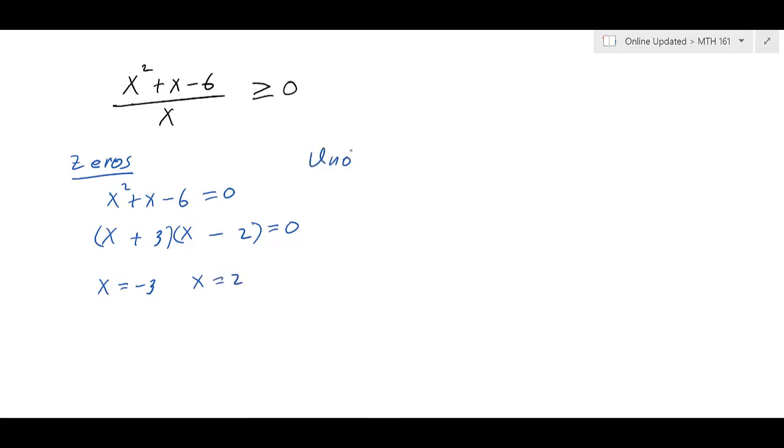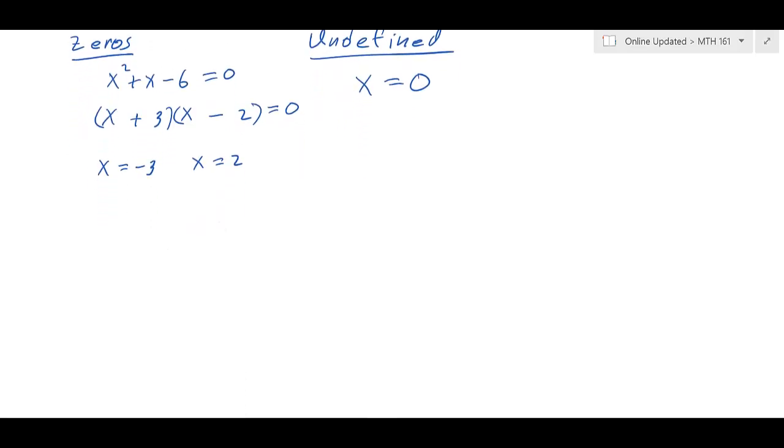And then if we want to look at where the inequality is undefined, the denominator is simply x, so that's easy enough. If x is 0, then we have division by 0, so that's going to make it undefined. So again, we're going to use those 3 points to set up our test intervals.